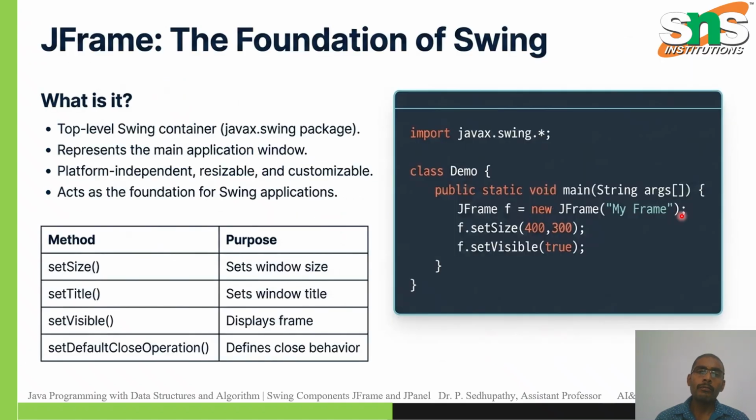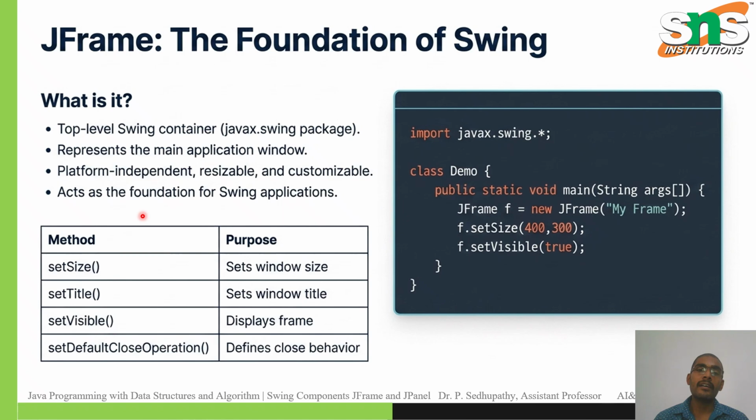So what is Java Frame actually? Dear learners, it is one of the high level or top level Swing Java containers, which comes inside the javax.swing package. So Java Frame actually represents the main application window which you are going to develop.